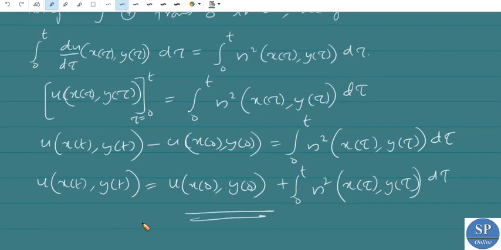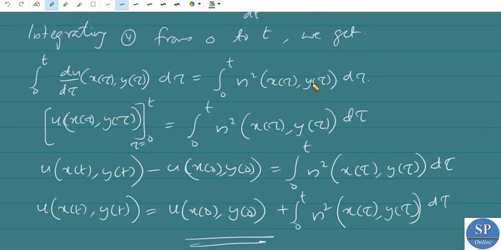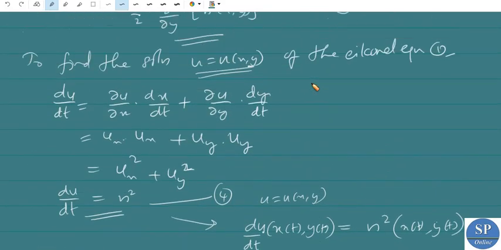Now an important remark is that in the case of this type of PDE, a single initial condition is not enough, because we have only one initial condition in this case.